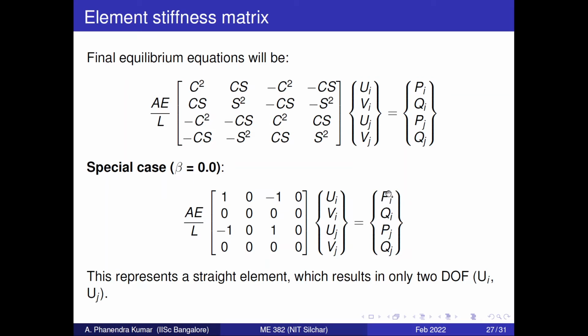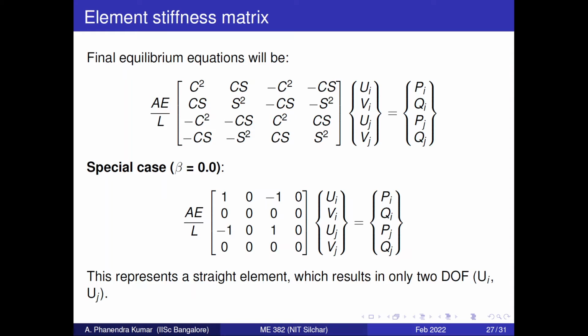Even the force vector will be a 2 by 1 vector. So when beta equals 0, it represents the straight element with only 2 degrees of freedom. So we won't be considering these zeros. I mean, we won't have these degrees of freedom, because of which we will eliminate these rows and columns with zeros. So this is a special case.